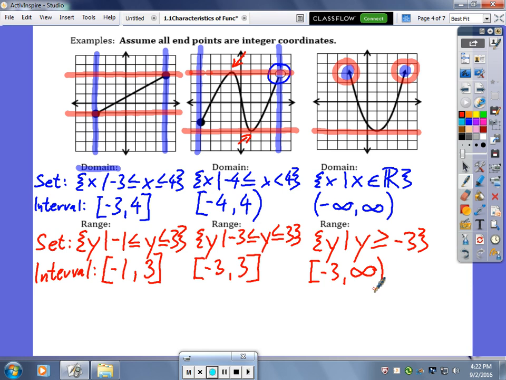Whenever we have infinity, we always have parentheses. We never use brackets because infinity is something that we can never reach, so it's never actually part of our range or our domain. This is the first part of this lesson, and we're going to continue with the second part in the second video.